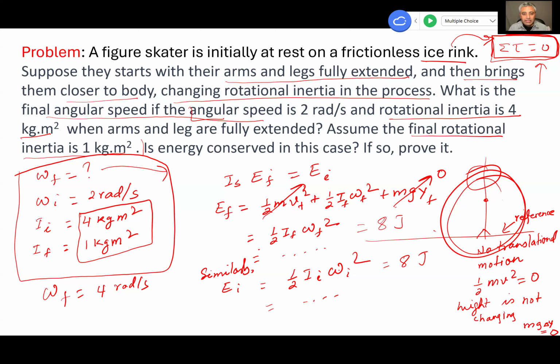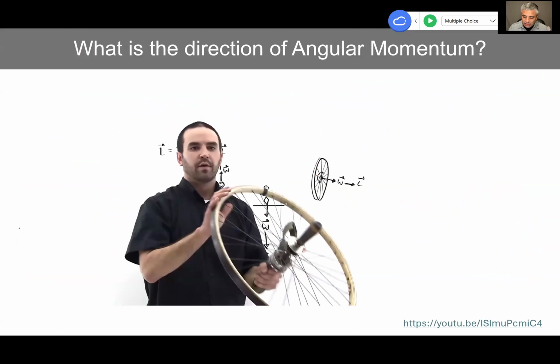So that is about the value of angular momentum. And how about the direction of angular momentum? Angular momentum is defined as, oh, not I, but I times omega. This is scalar.